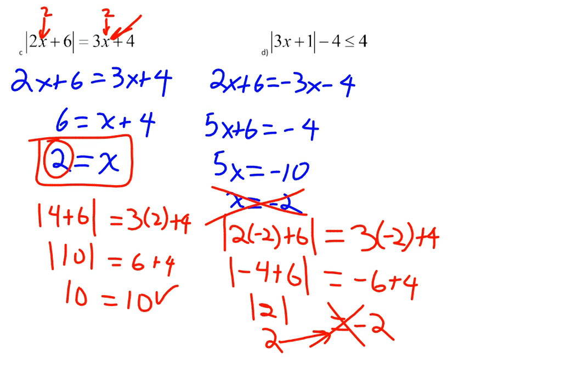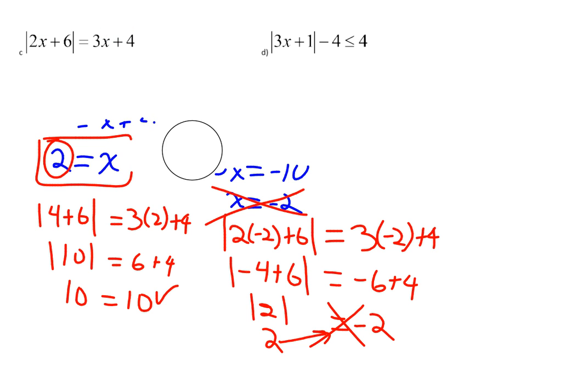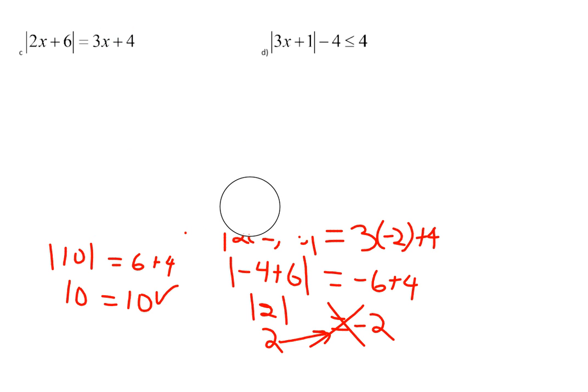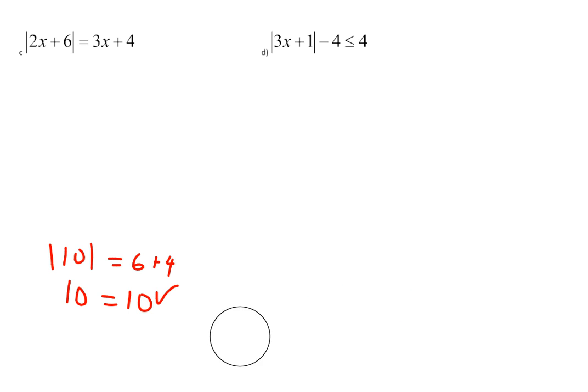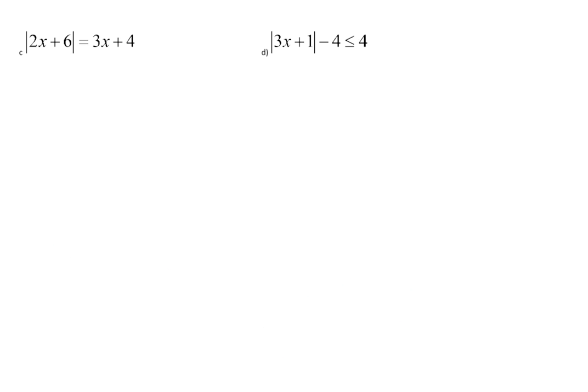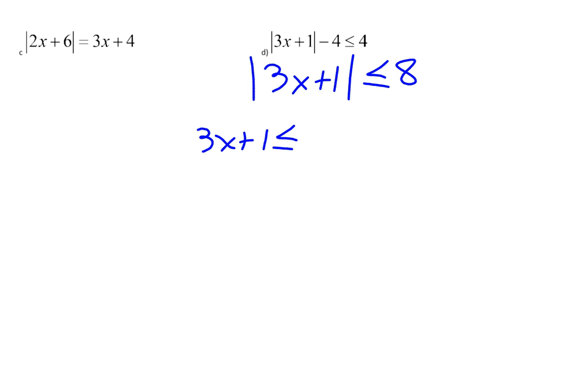Okay? All right, let's take a look at the next problem. I've got the absolute value of 3x plus 1, and then minus 4 is less than or equal to 4. Again, the first thing I need to do is isolate my absolute value, so I add the 4 across, so I get the absolute value of 3x plus 1 is less than or equal to 8. I write my two problems: 3x plus 1 is less than or equal to 8.